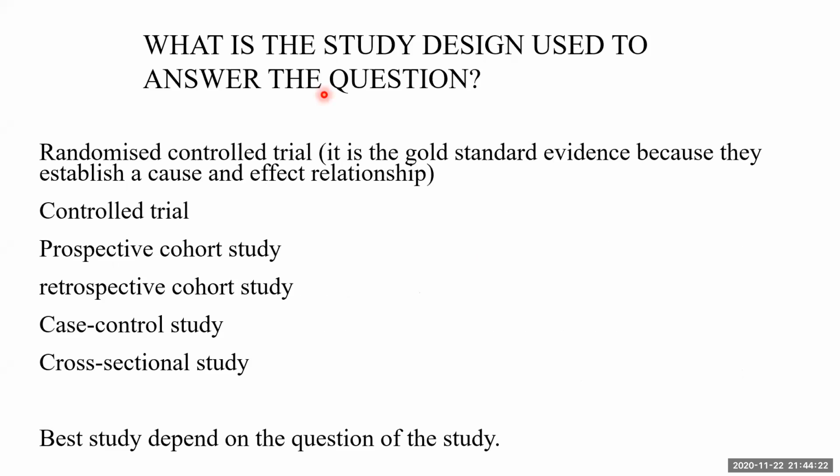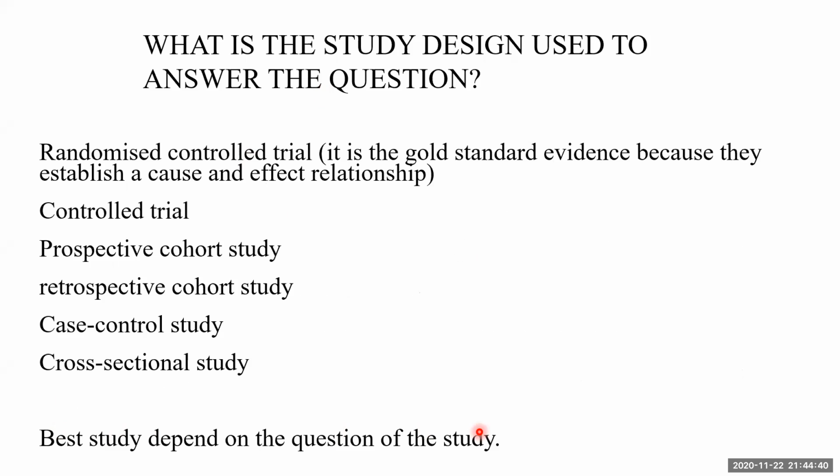What is the study design used to answer the question? This is very important: how we can answer the question. So if you can see here, the best study depends on the question of the study. So you choose the study design according to the question.